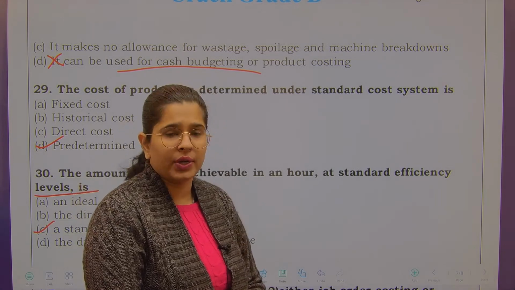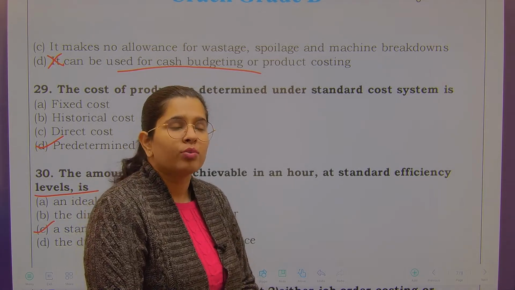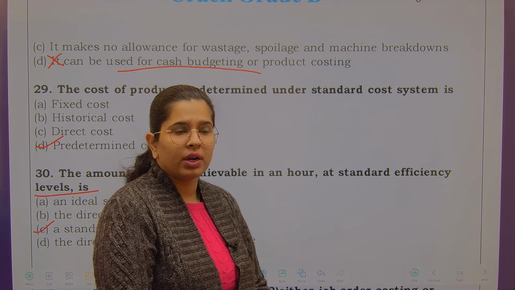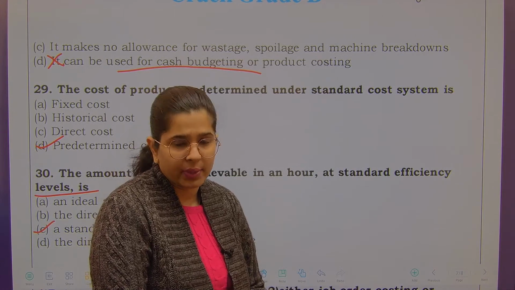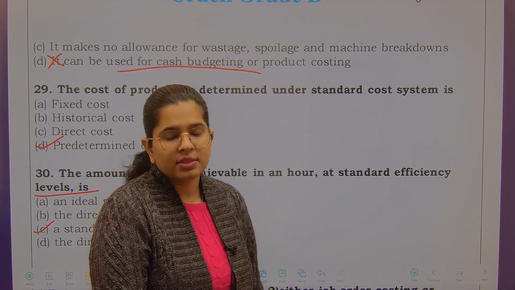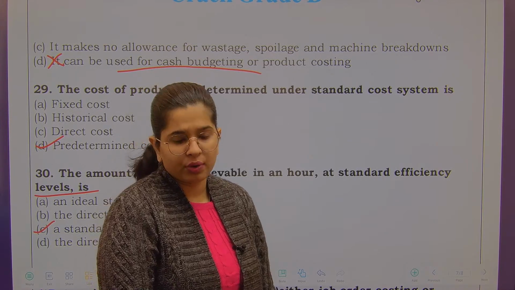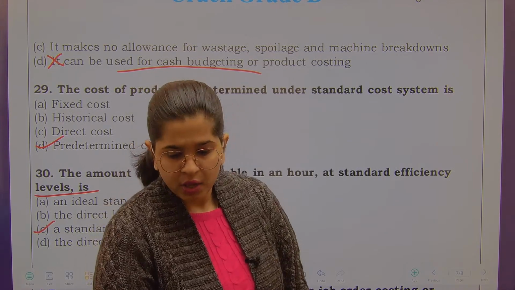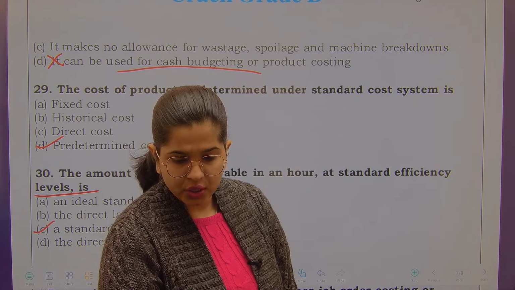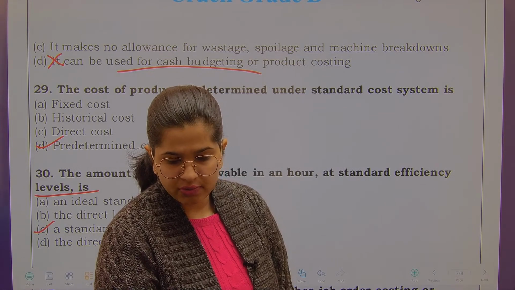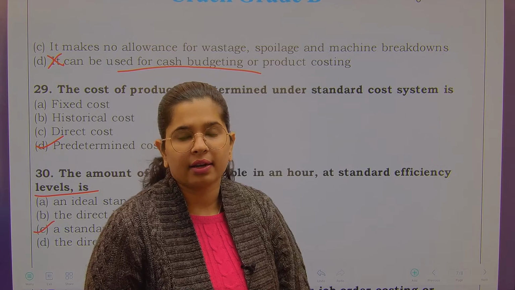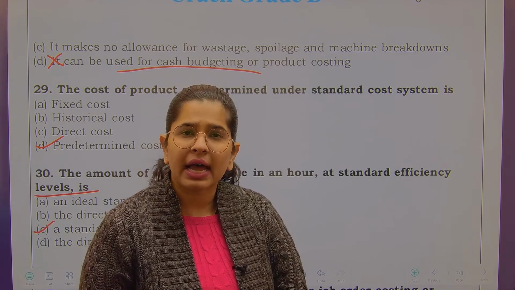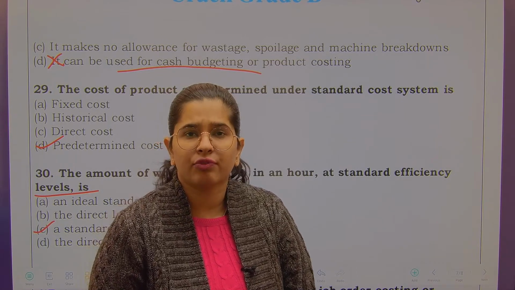So these are the 30 questions for standard costing. Tomorrow we will try to conduct a session on the numerical questions as well, right? So these were the conceptual questions and you should know that this is how you can expect questions on standard costing. Most of the questions will be formula based, so for that you should remember the formulas.